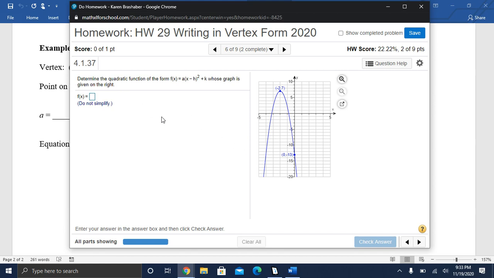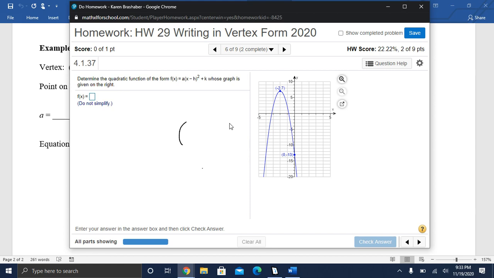Here's problem number 6. Notice that this time the information is given to you in the graph. So you have in this one -2, 7, and then you have 0 and -13. So I had a place on your paper where you could write down your vertex.